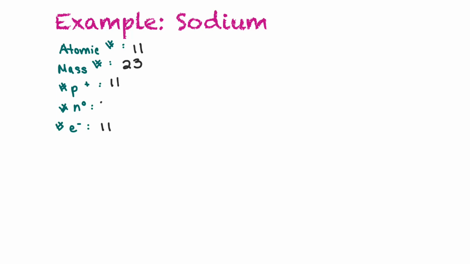And our number of neutrons is equal to 23 minus 11, which is 12. So for sodium, we're going to draw the circle. So there's 11 protons, and there are 12 neutrons.